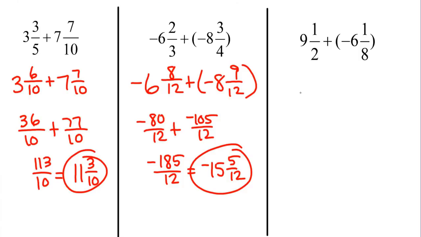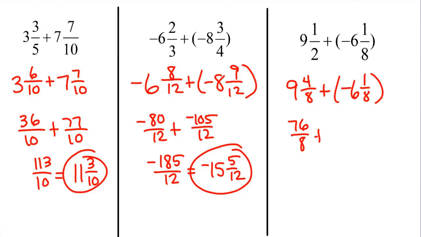The least common multiple of 2 and 8 is 8. So this is 9 4/8 plus negative 6 1/8. And as improper fractions, we've got 72 plus 4, 76/8 plus negative 49/8.